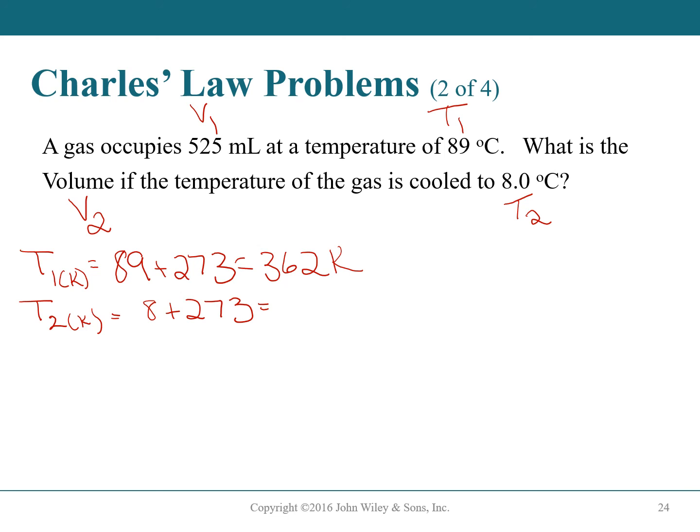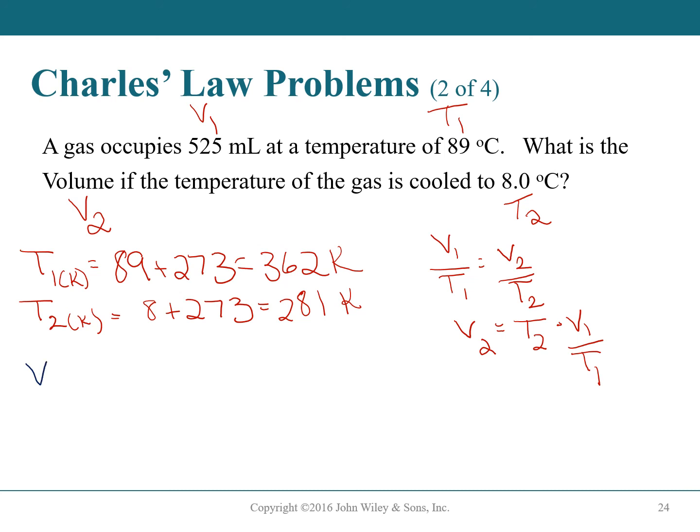Add that together, we get 281 Kelvin. So now if we write our formula down here, V1 over T1 is equal to V2 over T2. We're looking for V2, so we're going to multiply both sides by T2. Okay, so now let's go ahead and plug in our numbers.